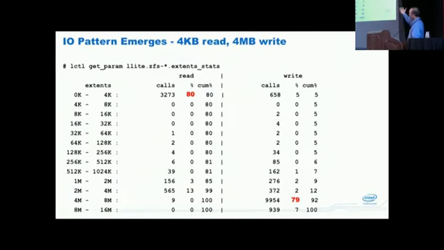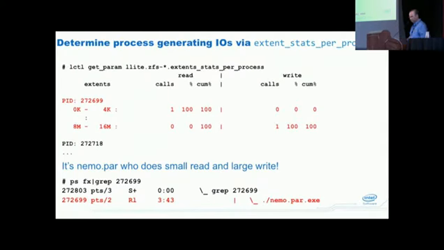About 80%, a large percentage of the reads are small, 0 to 4K, and a large percentage of the writes are, large in quotes depending on who you are, 4 meg to 8 meg, with 79% of the writes there. This is positive, a pattern is emerging, and maybe we can do something with that pattern.